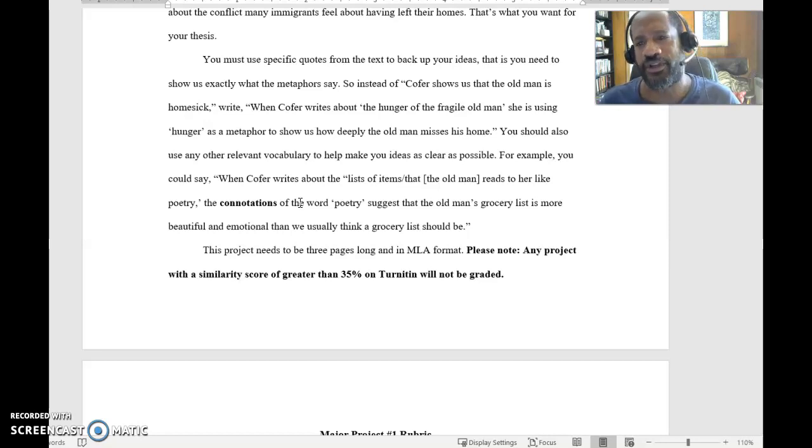Poetry is not just this thing that we write on the page. It suggests something beautiful, something potentially spiritual or romantic. It goes beyond something very plain and simple. And so the connotations of that word poetry help us understand what the larger ideas here are.